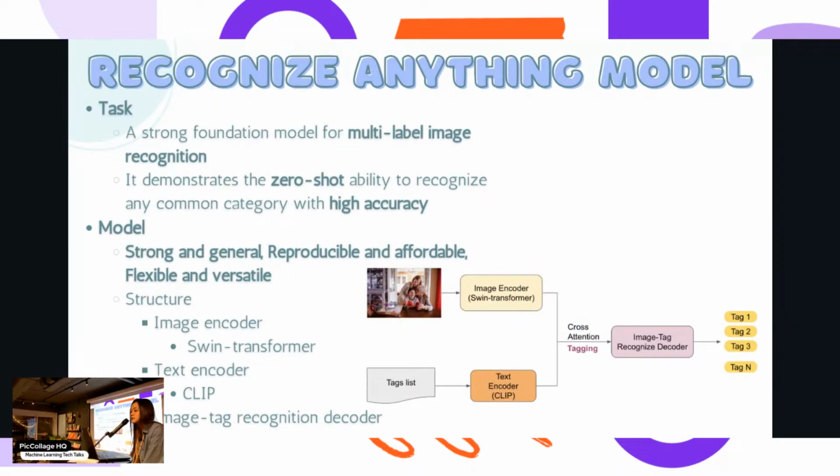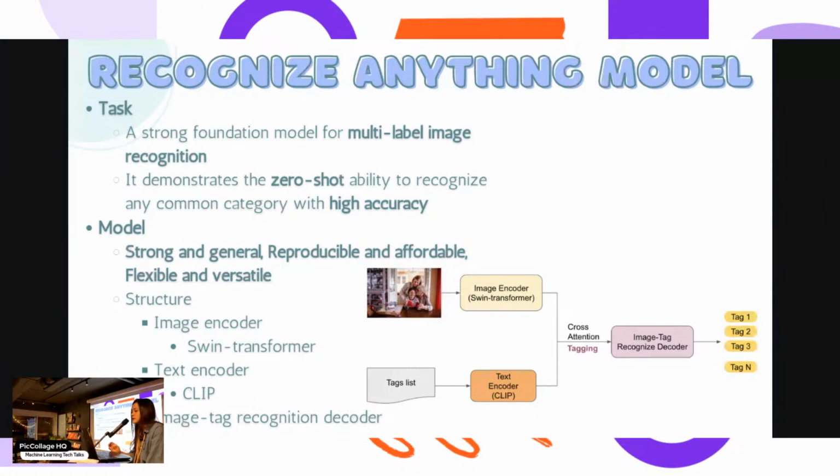And the other model is the Recognize Anything Model, which is also called RAM. It's a strong model for multi-label image recognition. I think the most powerful part is that it demonstrates zero-shot ability to recognize any common category and still has very high accuracy.